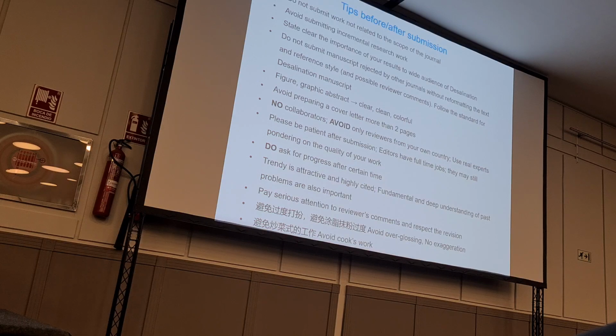But my advice is that fundamental and deep understanding of the topic is also very important. This can also be looked at as novel research. I really respect this kind of research. Trendy research is also good, but a lot of trendy papers fall into being cooking papers, which I don't like.